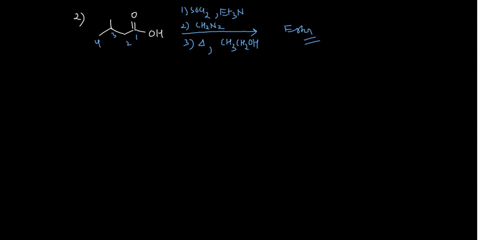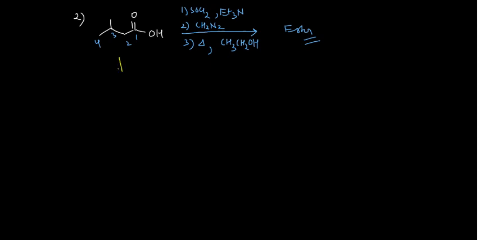In the second step you have taken diazomethane, that means you will produce an alpha diazoketone, so I am writing alpha diazoketone straightforwardly.